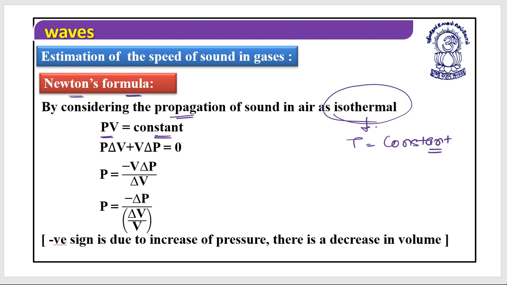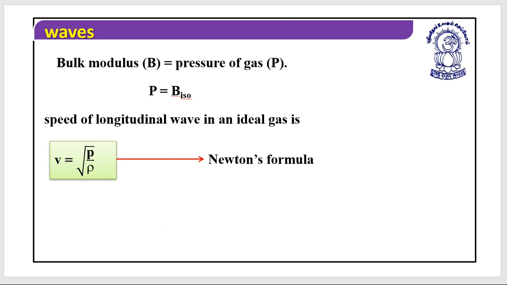If P into V is constant, then P delta V plus V delta P equals 0. From this, P equals minus V into delta P divided by delta V, which is P equals minus delta P divided by delta V by V. The negative sign is here because as the pressure increases, the volume decreases. Now, the bulk modulus B equals the pressure of the gas.